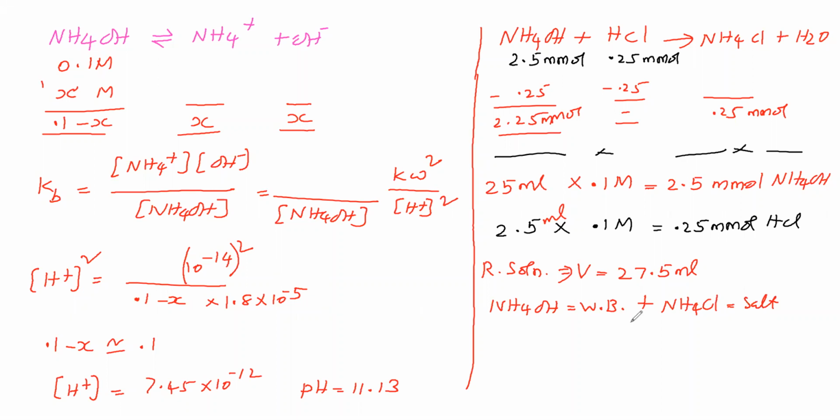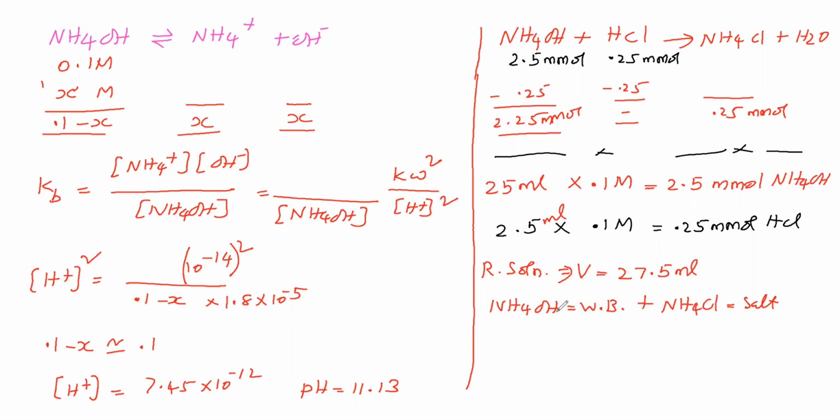Shall we say it is just a weak basic solution, or is there any special name for this? Yes, in this resultant solution a weak base is present and a salt of the same weak base and a strong acid is present. Therefore, the resultant solution is a buffer solution.